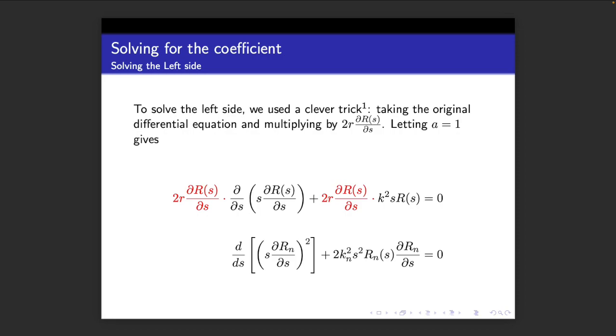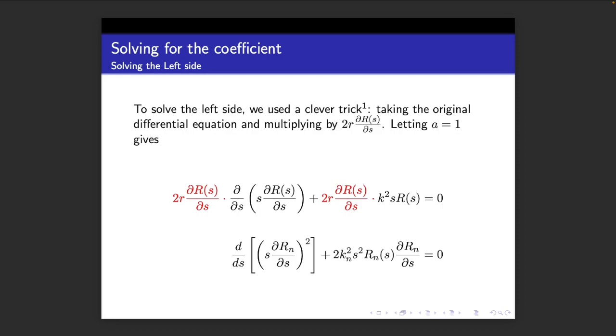We multiply specifically the R of s component of that equation by 2R of s times s, and we let a equal 1. You'll see that here. This in black is the original portion of Laplace's equation with respect to s, and we multiply both components by 2R of s times s.